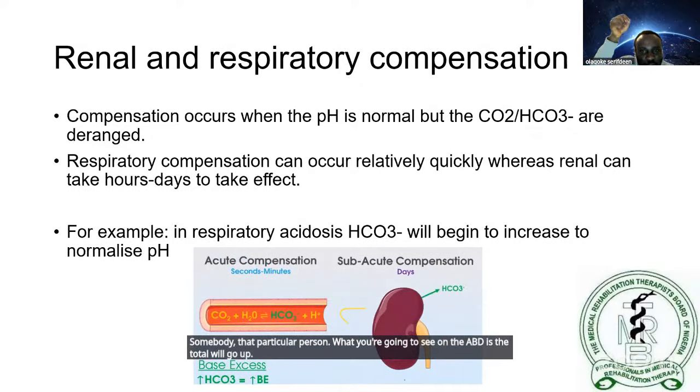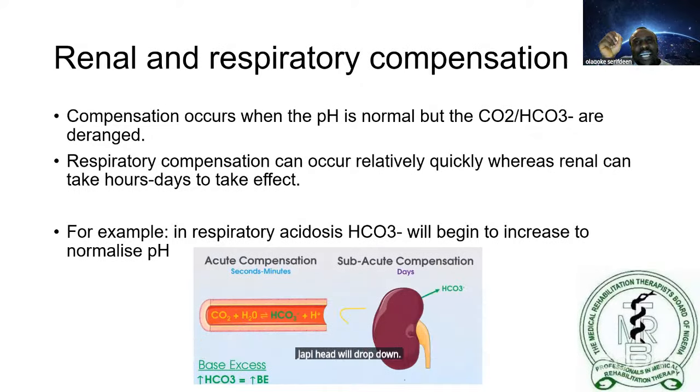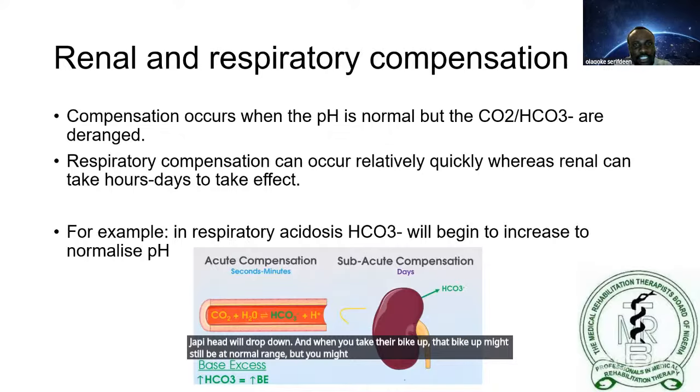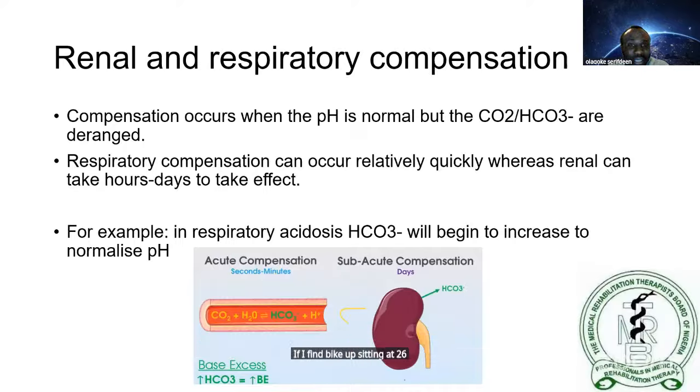Their pH will drop down. And when you check their bicarb, that bicarb might still be in the normal range, but you might find it at the extreme of the range. Don't forget the normal value for bicarb is 22 to 26. You might find bicarb sitting at 26. That's acute compensation. Bicarb trying to regulate that monkey.